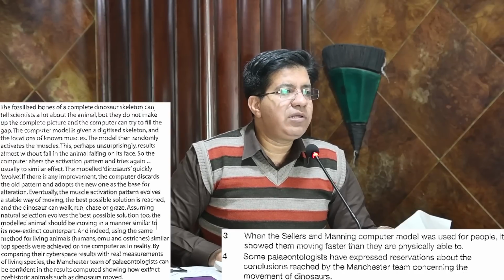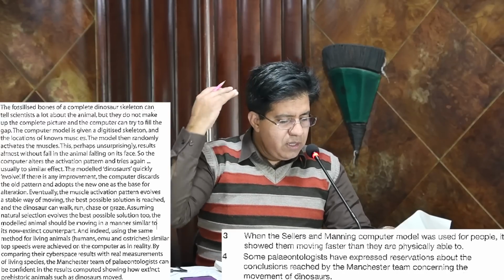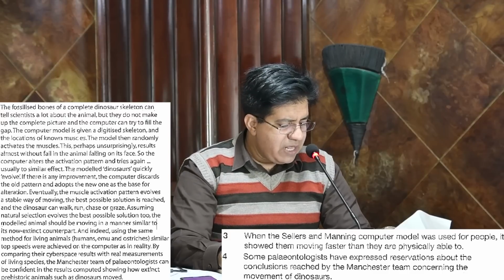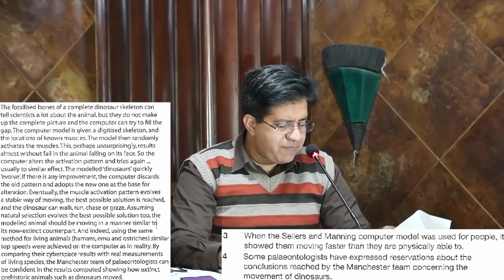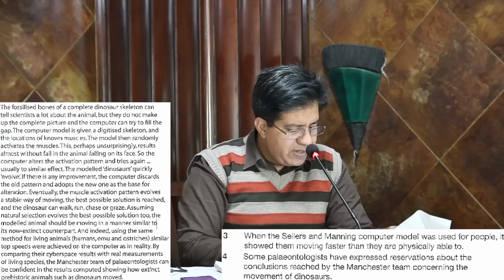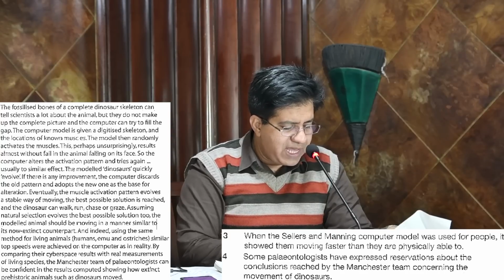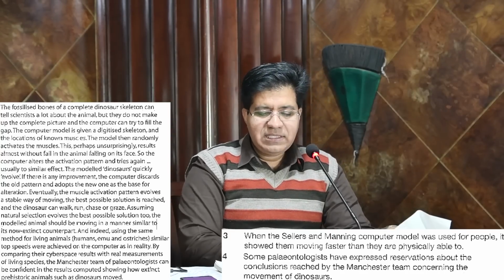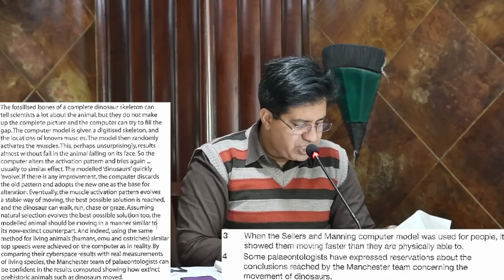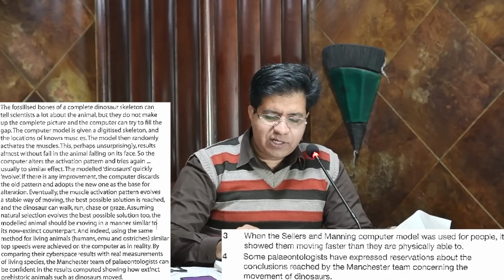Please help each other also. And indeed, using the same method for living animals, and in bracket they have written humans, emu and ostriches, similar top speeds were achieved on the computer as in reality. Similar top speeds were achieved as in reality. What is the question?